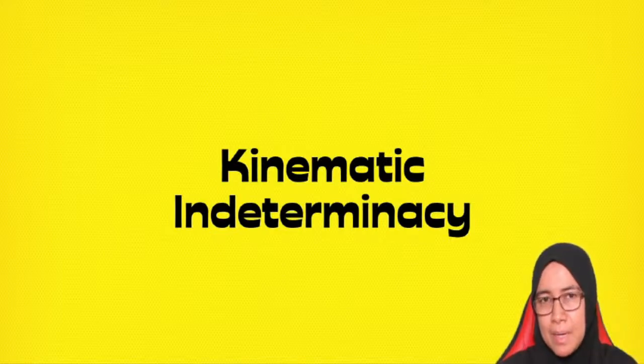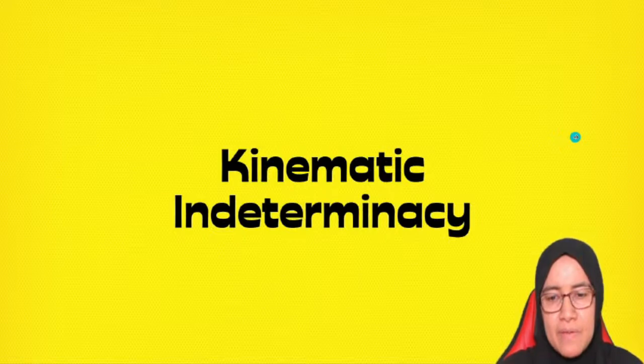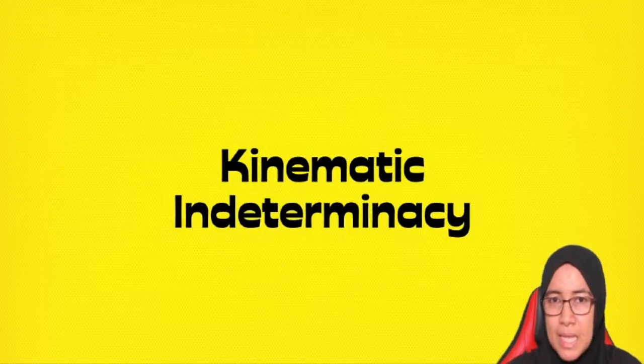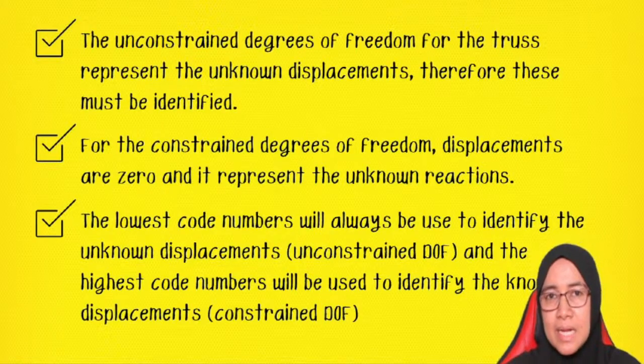Number 2 is element number. Number 3 is degree of freedom. Number 4 is arrow. Number 5 is coordinate. Kinematic indeterminacy is another term, and actually this represents degree of freedom.